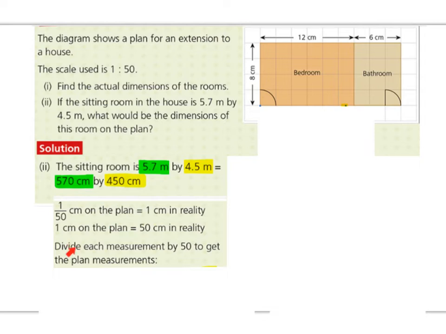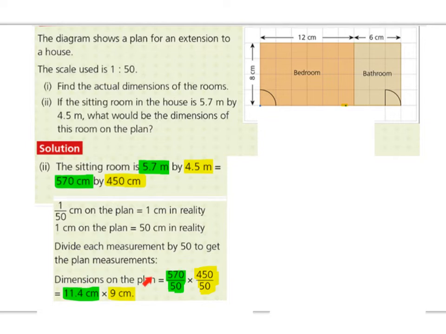This time we divide each measurement by 50 to get the plan measurements. So the dimensions on the plan, so 570 centimetres divided by 50 gives us 11.4 centimetres. So on the map, it would be 11.4 centimetres. And 450 centimetres divided by 50 gives us 9 centimetres.